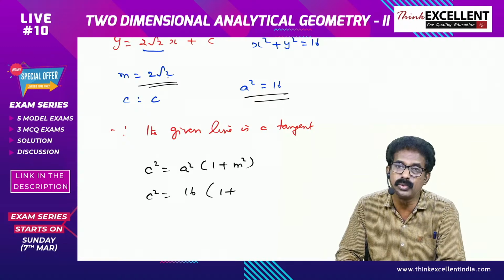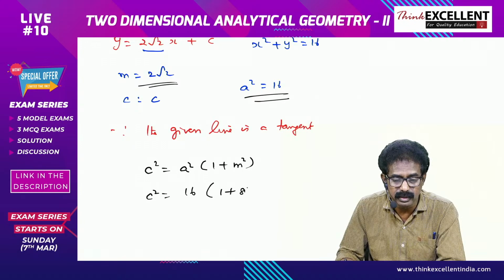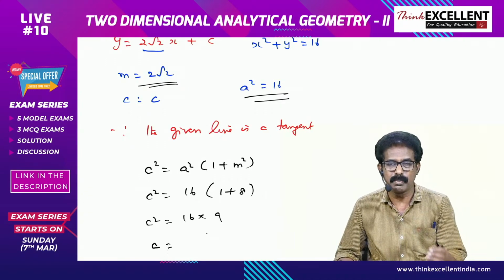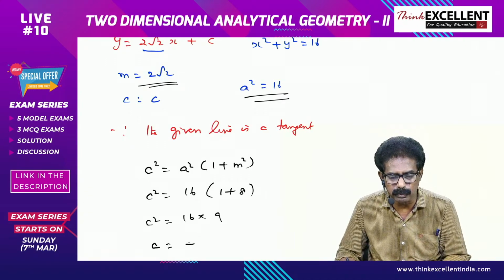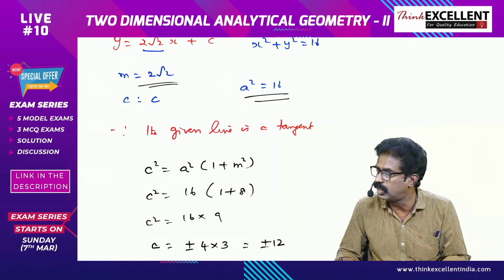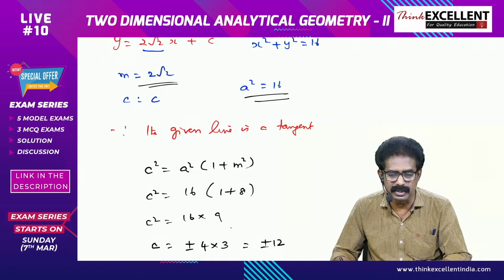M value is 2 root 2, square it: 2 square is 4, root 2 square is 2, 4 twos are 8, right? So c square is equal to 16 into 9. When we find a radius we don't put plus or minus, it is positive, but here it is the c value, so plus or minus 16 root 9, and root 9 is 3, so your answer is plus or minus 12.